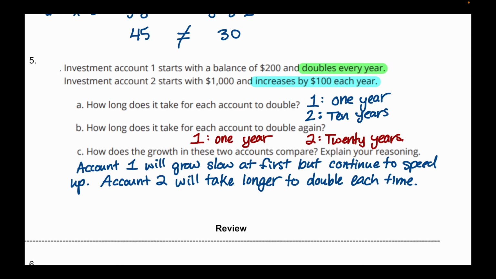So it's actually going to take twice as long each time in order to double, because we would have to spend twice as many years since it only grows $100 each year.